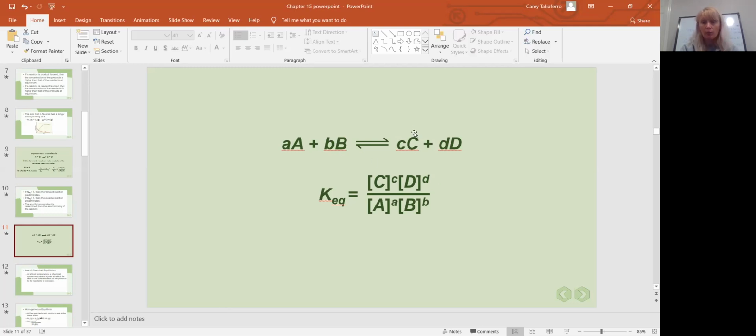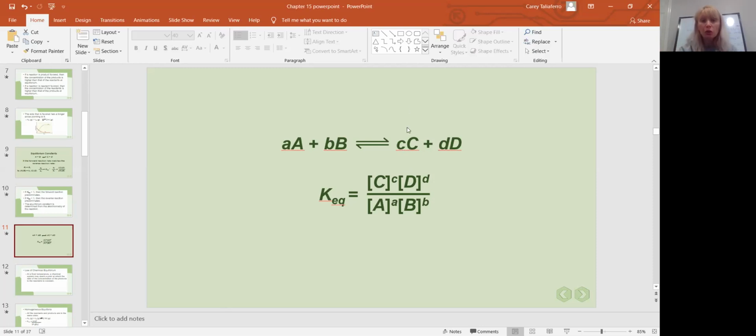We take our products, which are capital C and capital D, and we're going to multiply them together. But before we multiply them together, we raise the individual concentrations by the coefficient of the balanced equation. So the concentration of C raised to the lowercase c power, because the lowercase c is replacing our coefficient.